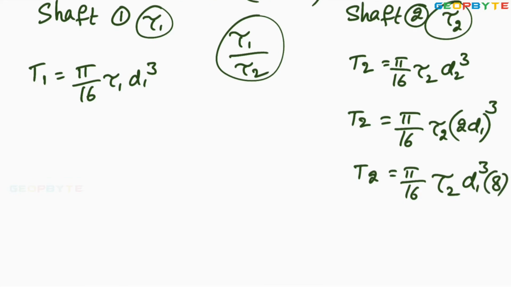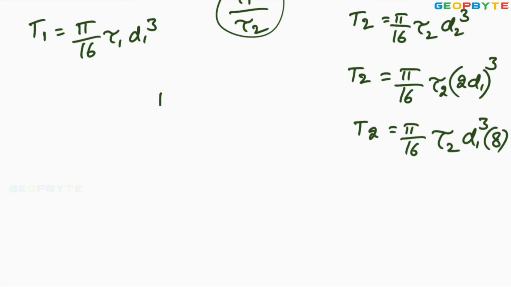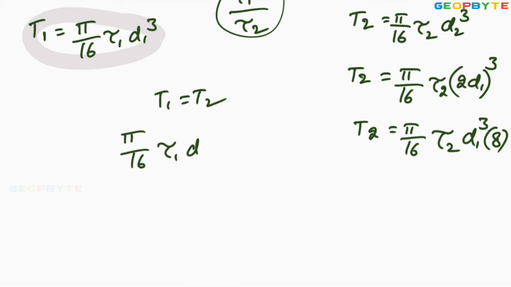Now for the series arrangement of the shafts, T1 equal to T2. Look at the T1 value. The T1 value is pi by 16 into tau 1 into d1 cube. Whereas the torque for the shaft 2 is pi by 16 into tau 2 into d1 cube into 8.